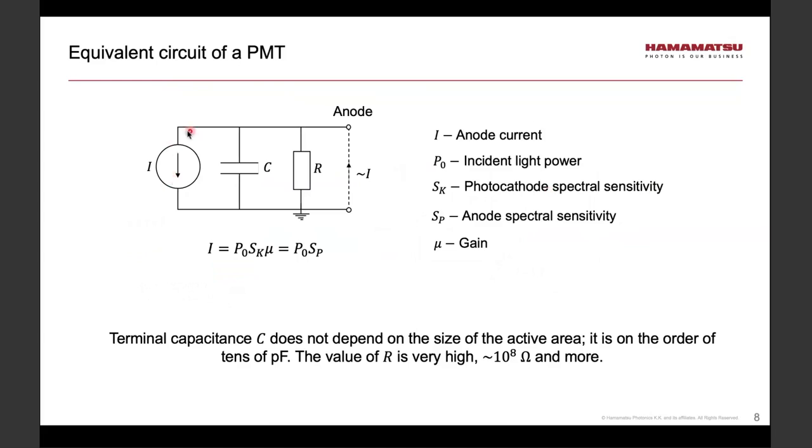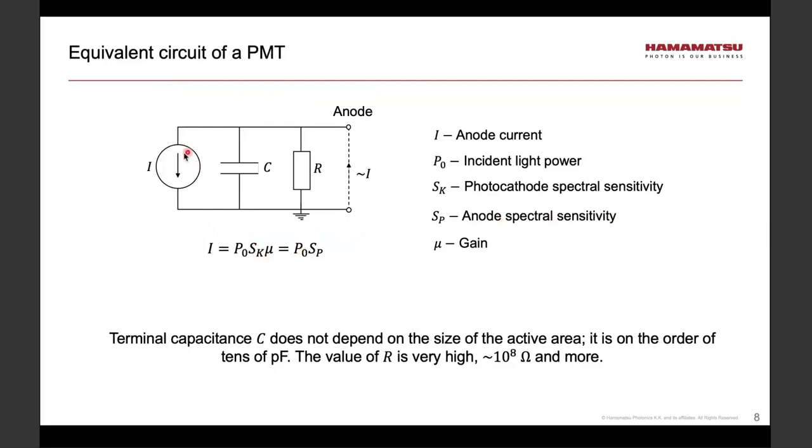So it consists of a current source, which produces a current given by the equation below, where P sub 0 is the incident light power, S sub K is known as cathode spectral sensitivity, and mu represents the intrinsic gain of the device. Sometimes in case of a PMT, we can combine S sub K and mu and call that anode spectral sensitivity.